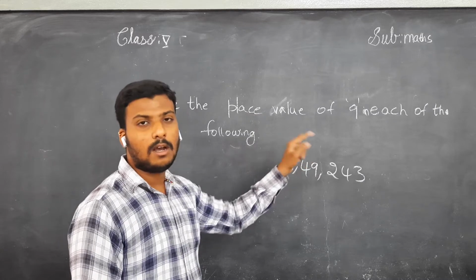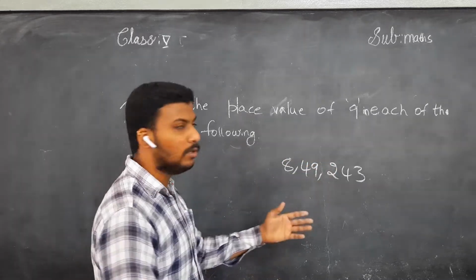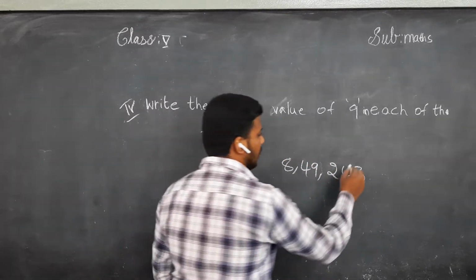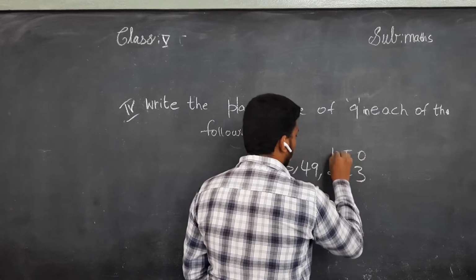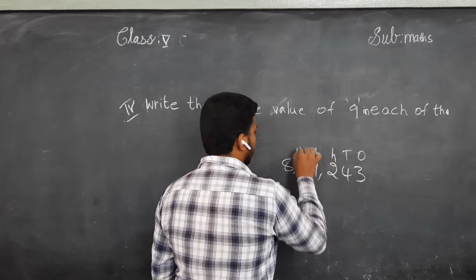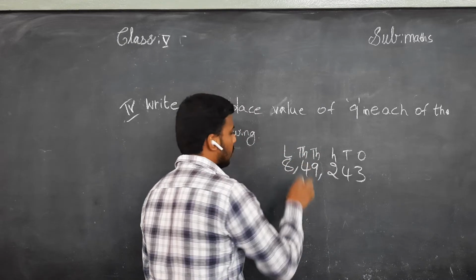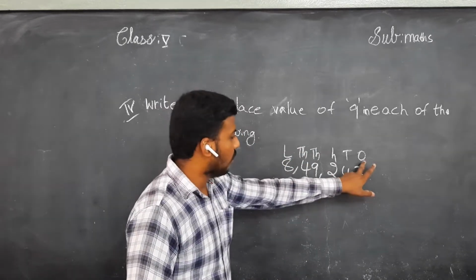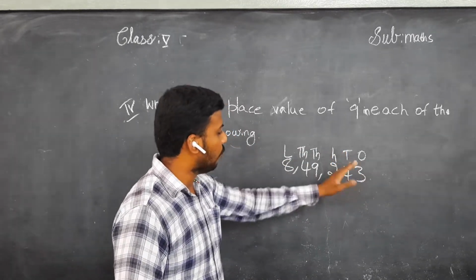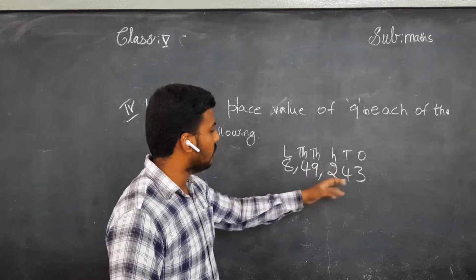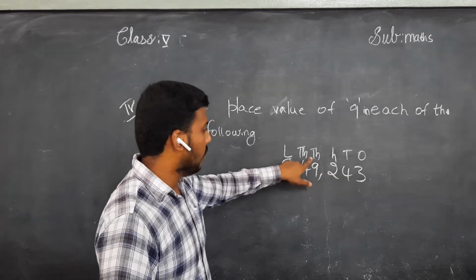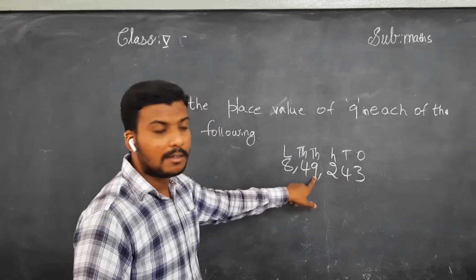Means thousands or hundreds or 10,000s. We have to denote or determine like that. See, ones, tens, hundreds, thousands, 10,000s and lakhs. In the place of ones there is no 9. In the place of tens, no. In the place of hundreds, there is a value 2. But in the place of thousands, we have the value 9.